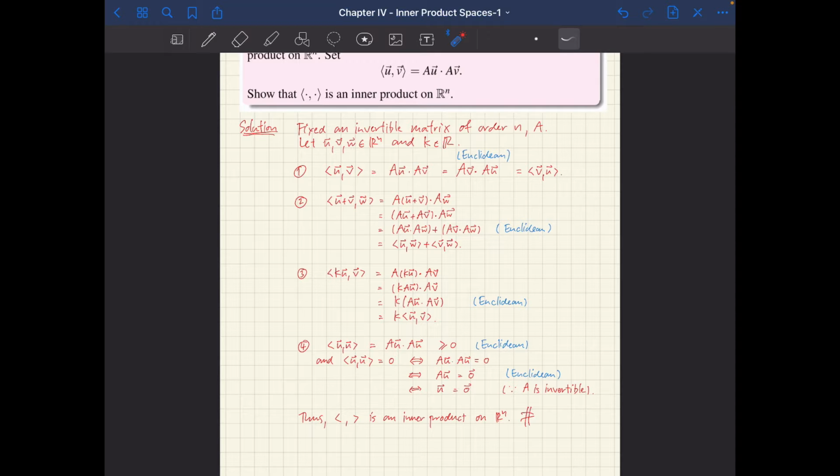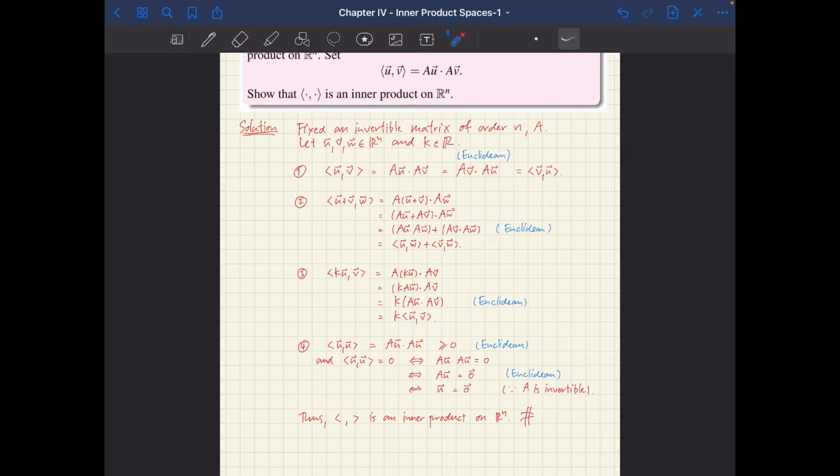And then for number 1, the inner product of u and v is Au dot Av, and we know that the dot product is the inner product, right? Because we already proved it, so that's why we can swap.